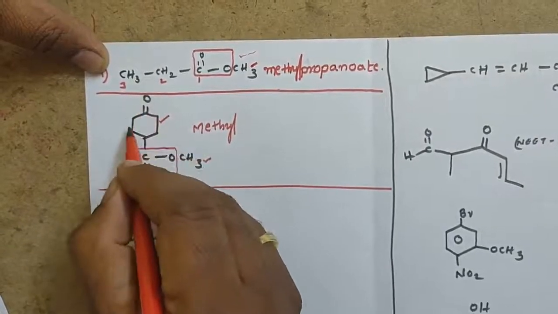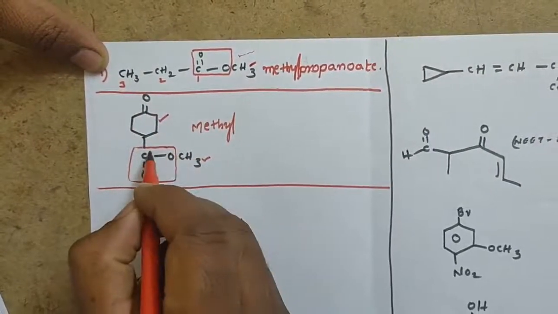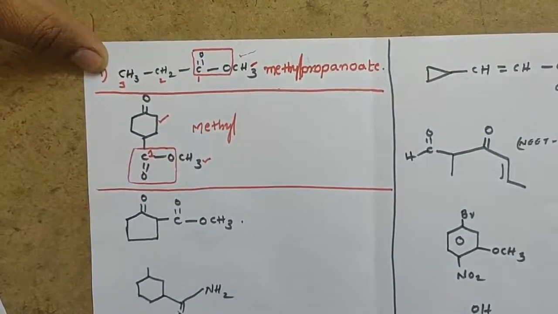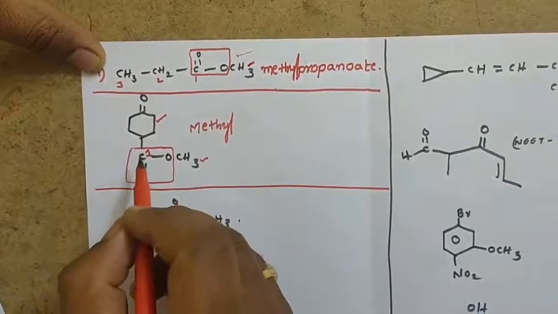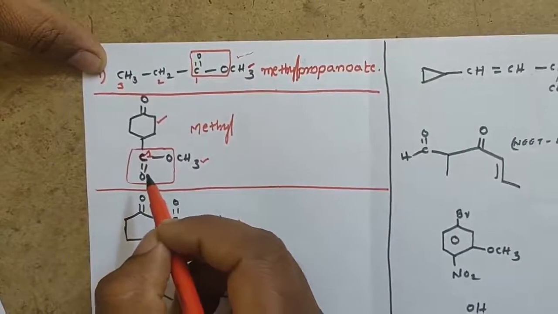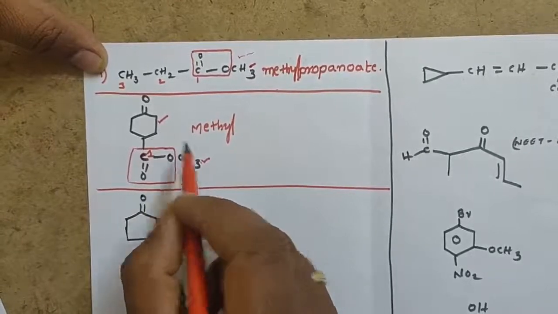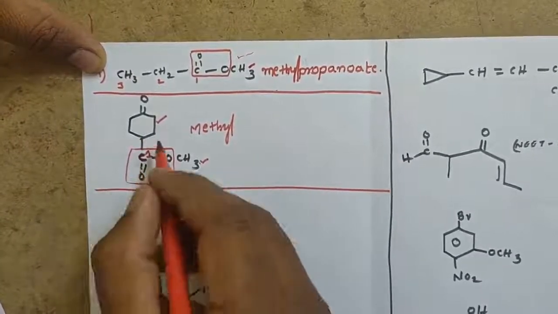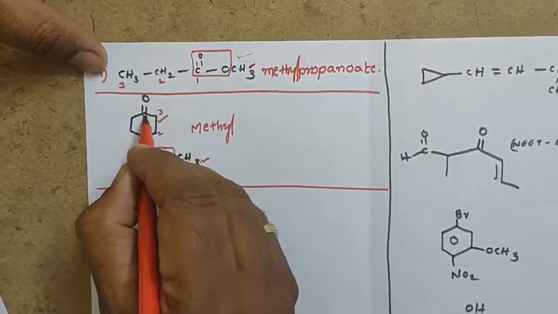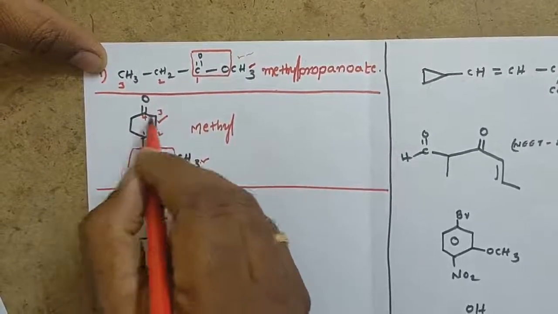this is another side chain. How many carbon atoms are there in the root word? In the root word there is only one carbon atom. This is also a side chain. Now 1, 2, 3, 4.